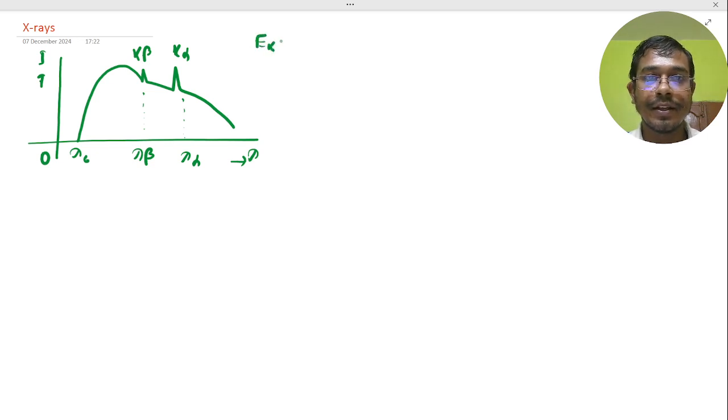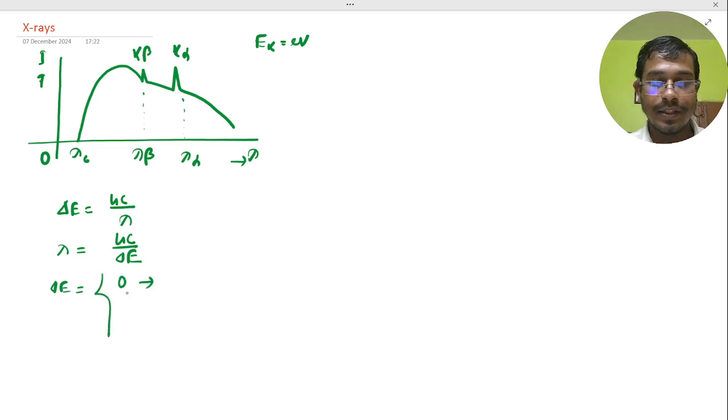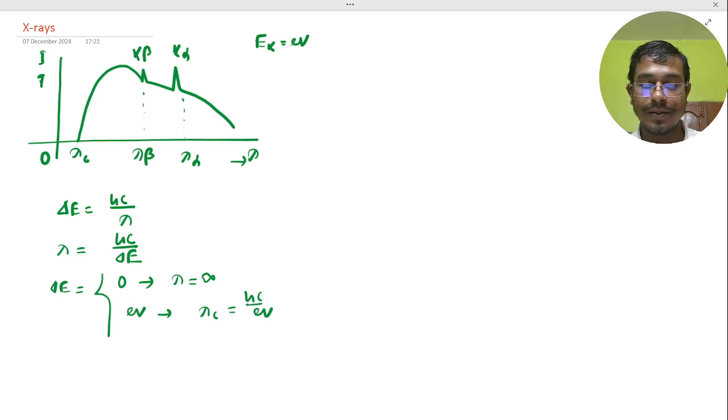This energy converts into an X-ray photon, so E would become hc by lambda, and lambda is equal to hc by E. E equal to 0 implies lambda is infinity, no X-ray, and E equal to eV implies lambda c equal to hc by eV, the cutoff wavelength.